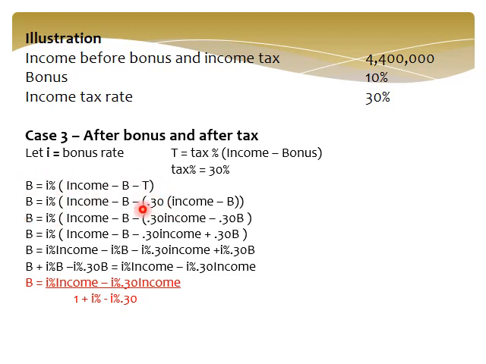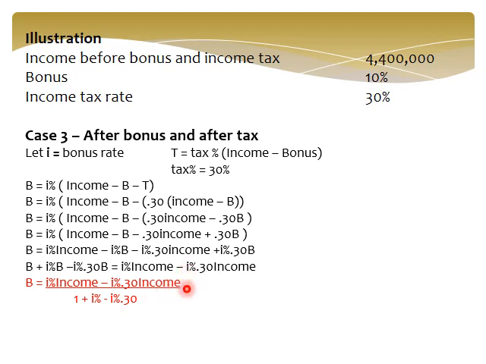So using this, we come up to this formula. Bonus is equal to bonus rate times income minus bonus rate times 0.30 tax rate times income, divided by 1 plus bonus rate minus 0.30, or minus the tax rate.